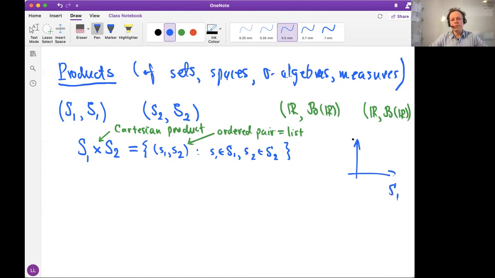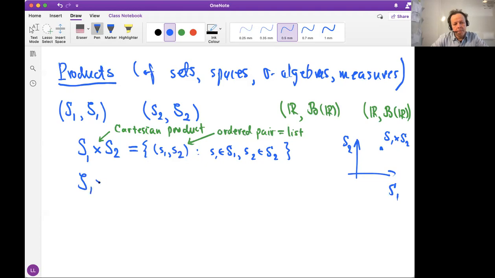There's S1 and there's S2. If you plot them this way, then a point in the product space is viewed as a point in the plane, especially if you have the real line there and the real line there. So then we know that the point in the space is in the R squared Euclidean plane.